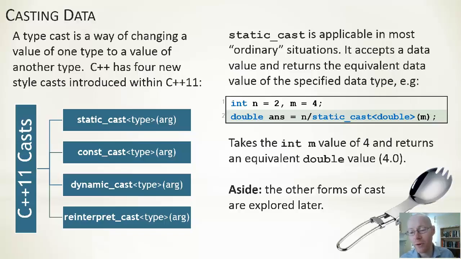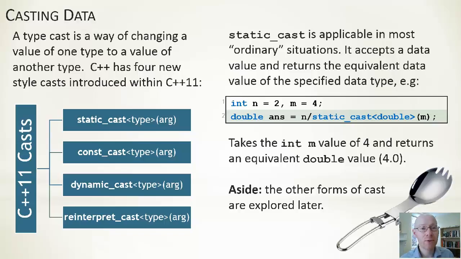So we're going to convert the m into a double. So we're seeing here the use of the static cast. Inside our angle brackets, we're saying we want to convert m, which is an int, into a double, and that'll take the 4 and convert it into the double value 4.0.